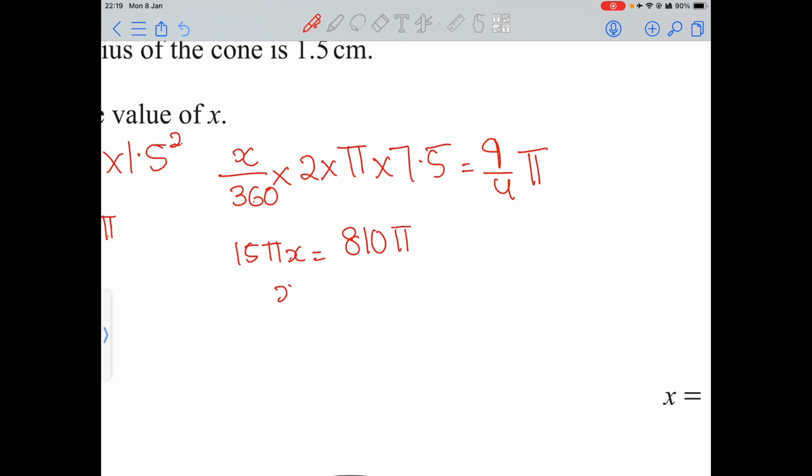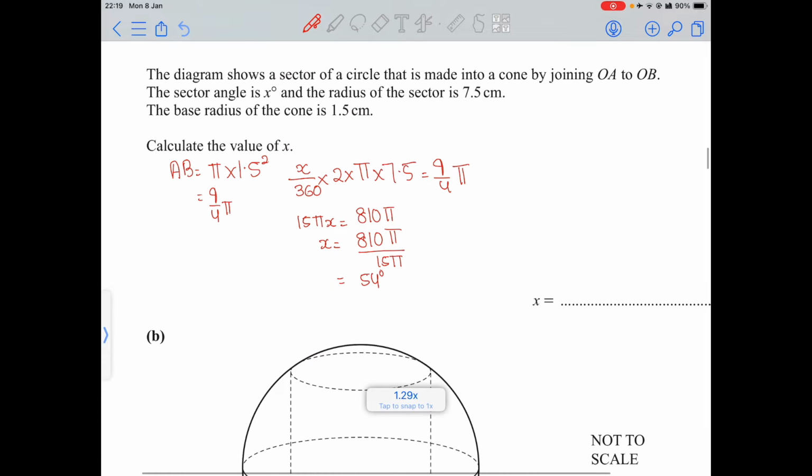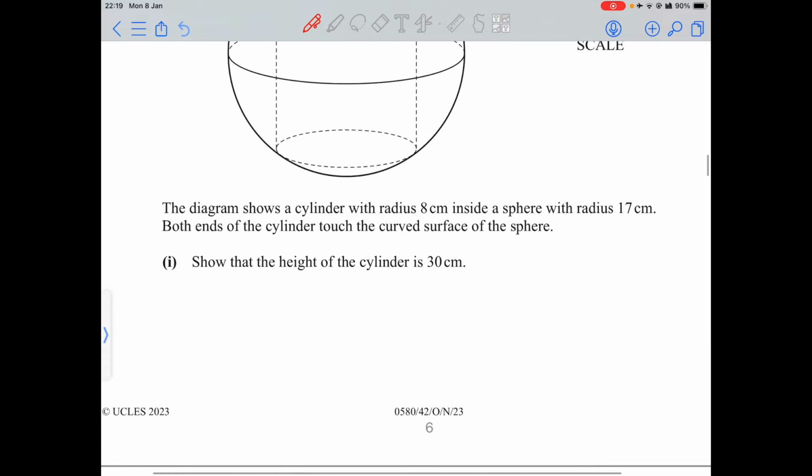So x is 810 pi divided by 15 pi, which is equal to 54 degrees. Easy question, and you can get 3 marks without writing all of those values.